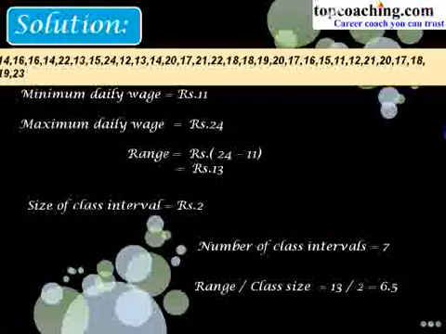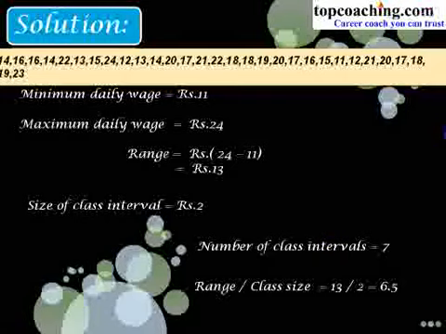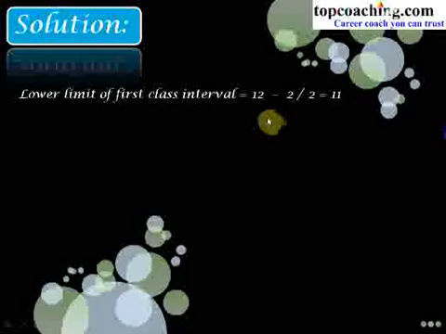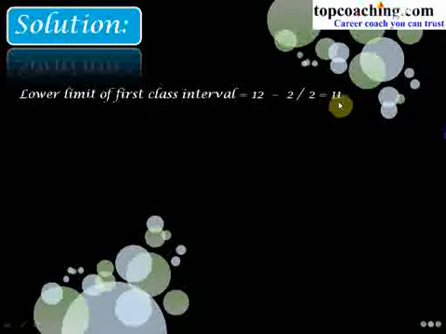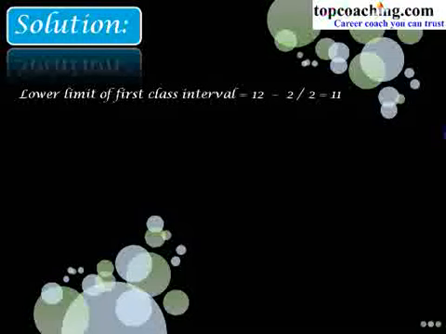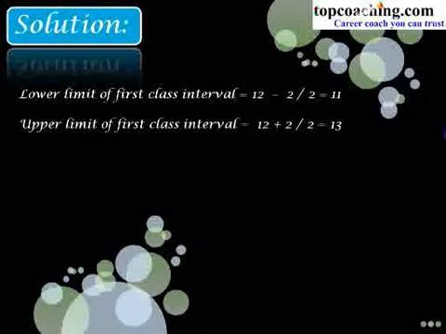Before making the frequency distribution table, we have to find the lower limit and upper limit of the class intervals. The lower limit of the first class interval equals 12 minus 2 divided by 2, which equals 11. Why? Because the question says the mid value of the first class interval is 12 and the size of the class interval is 2. The upper limit of the first class interval equals 12 plus 2 divided by 2, which equals 13.